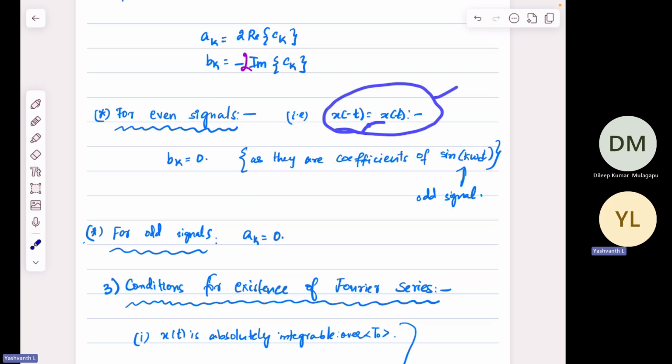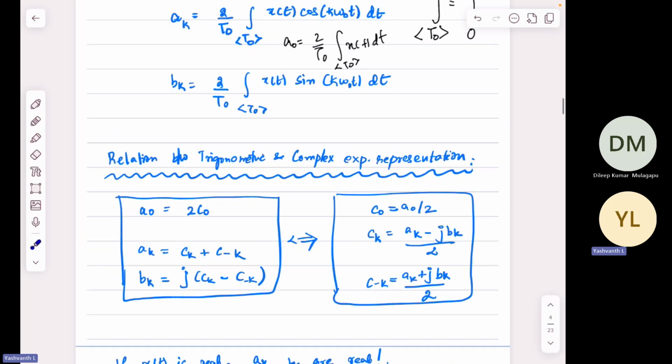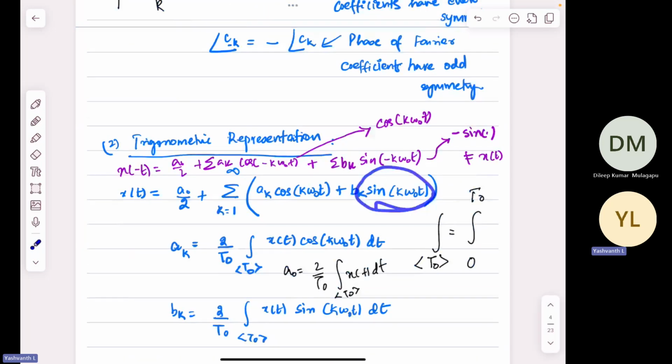For this kind of signals, the property is about bk. What is bk? bk are nothing but the coefficient of sine k omega naught t. So for example, b1 is the coefficient of sine omega naught t, b2 is the coefficient of sine 2 omega naught t, b3 is the coefficient of sine 3 omega naught t.